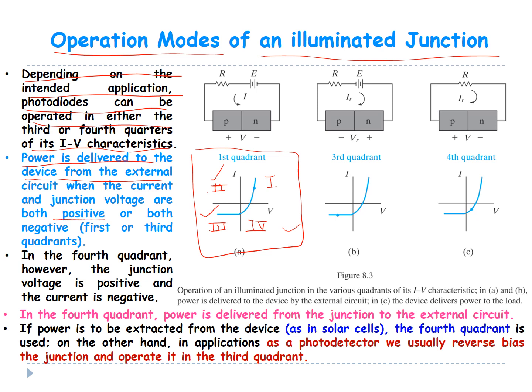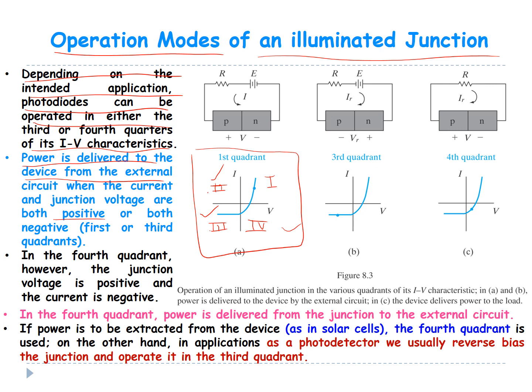So if both of them have the same sign, then according to the laws of electricity, it means that power is being delivered to the device or to the PN junction from an external circuit.